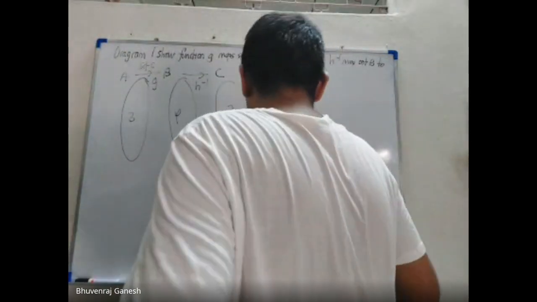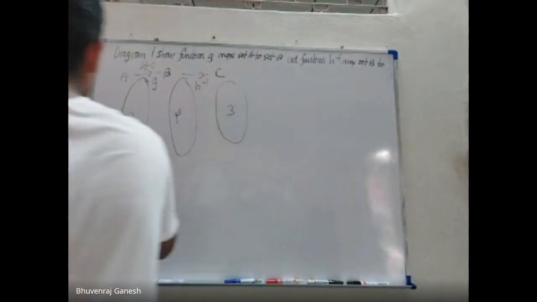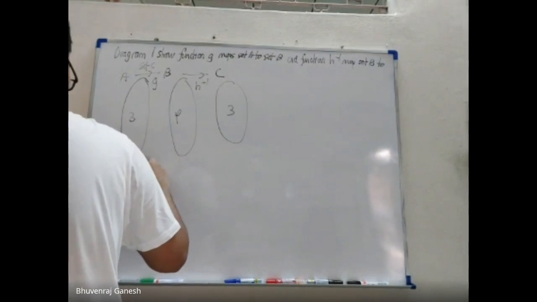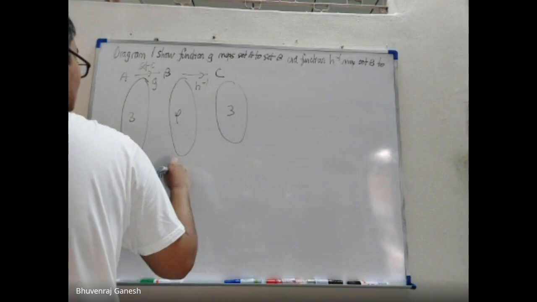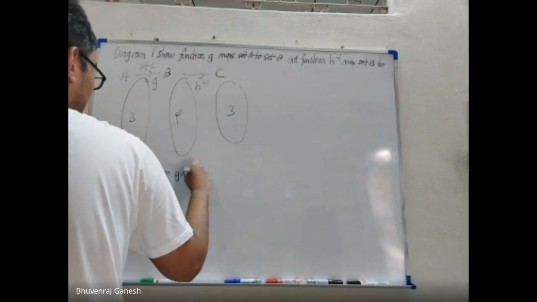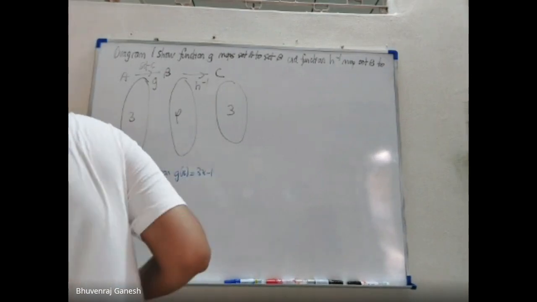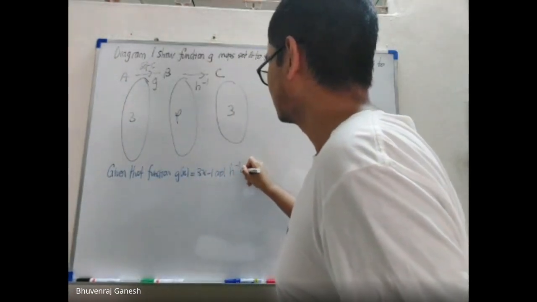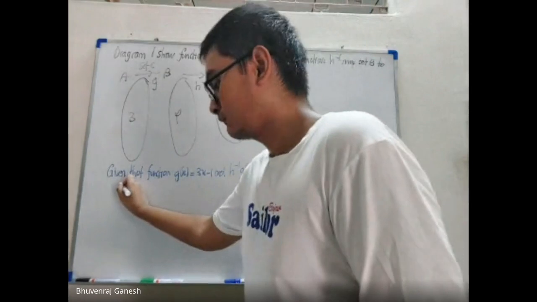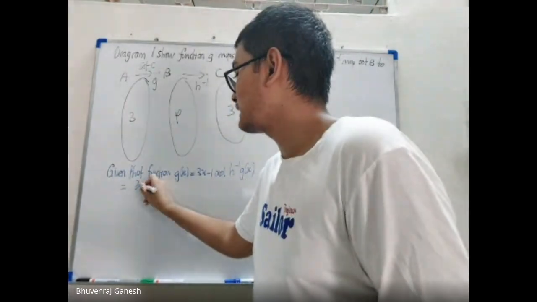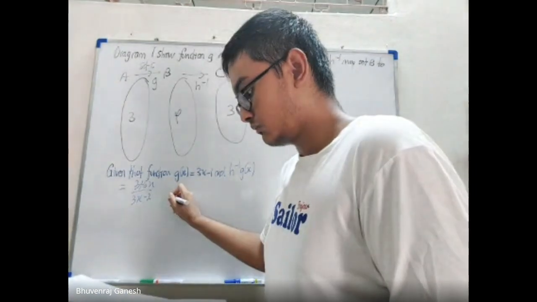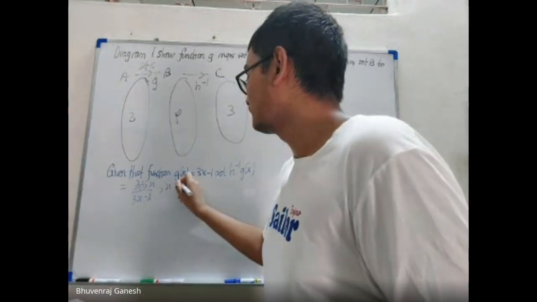So they said that given that function g(x) is 3x minus 1 and h inverse g(x) is (3 plus 6x) over (3x minus 2), where x cannot be 2 over 3.